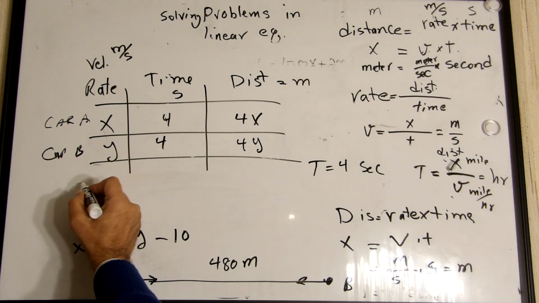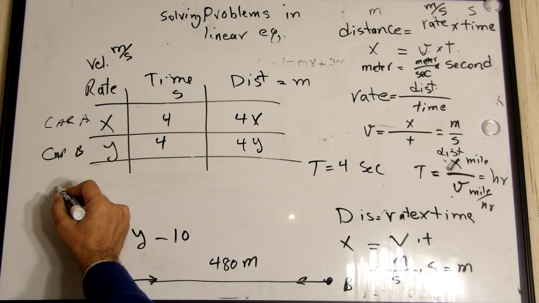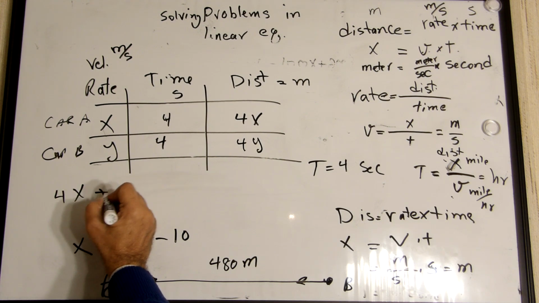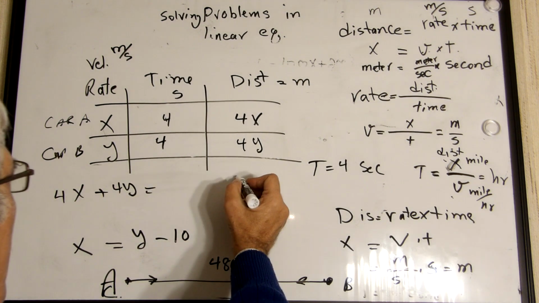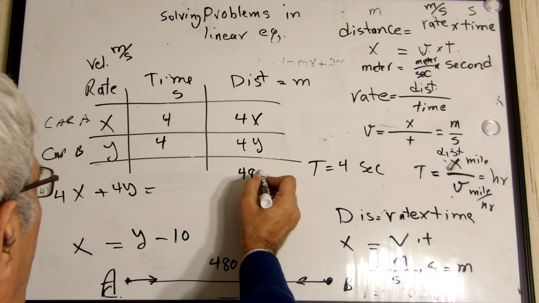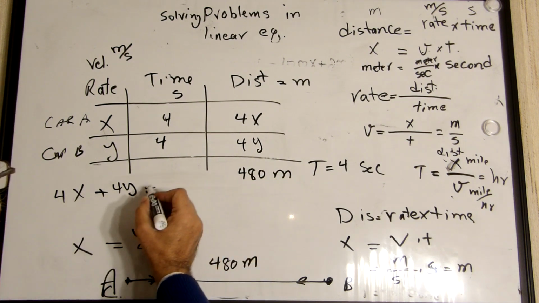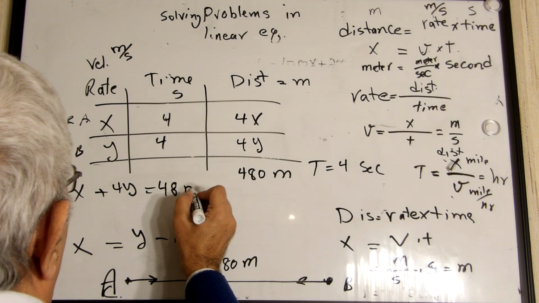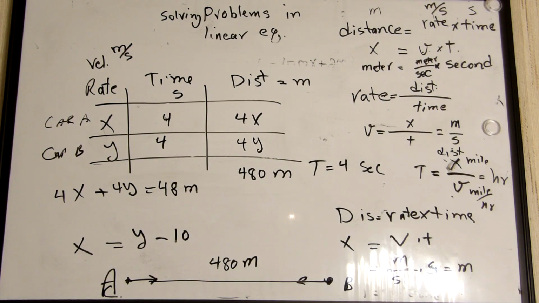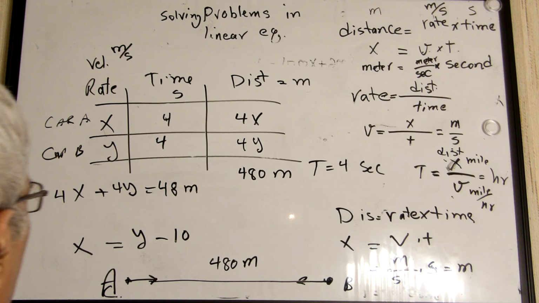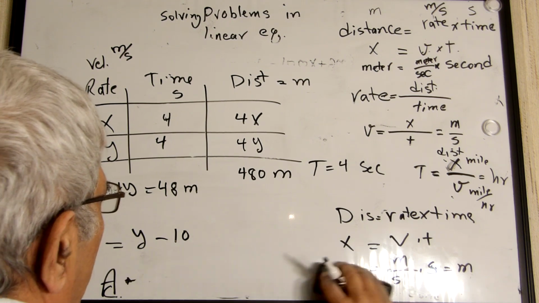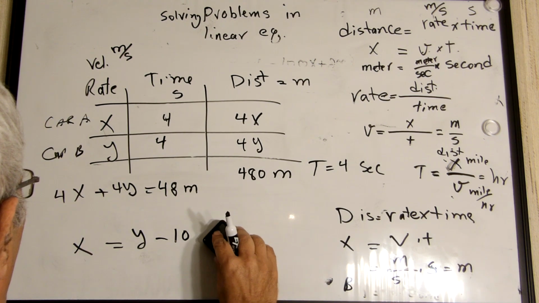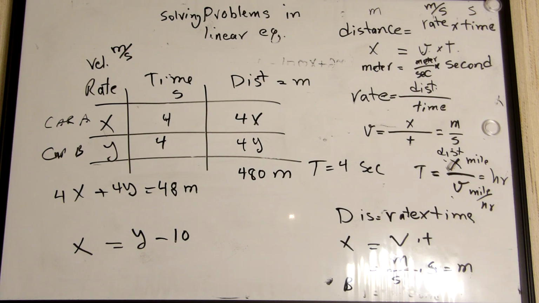We know that x plus y, 4x plus 4y, the total distance was 480 meter. And we are going to find out what the rate of each car is.